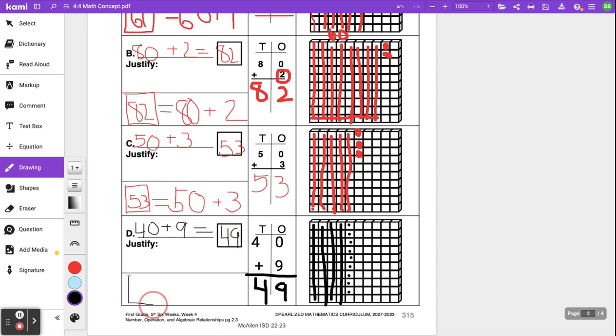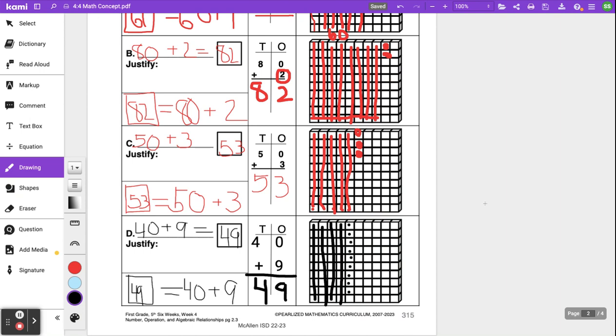Flip it so that it says the sum, 49 is the sum of 40 plus 9.